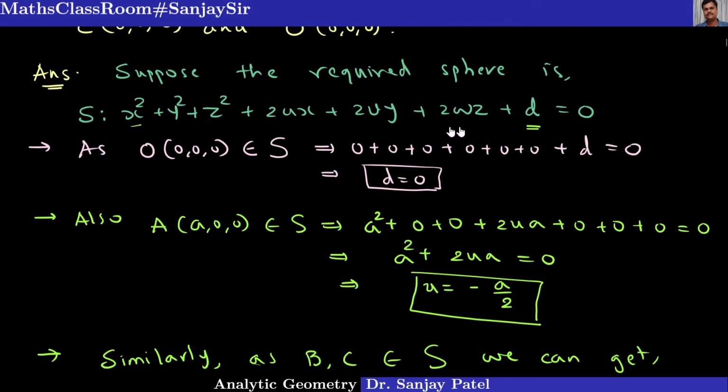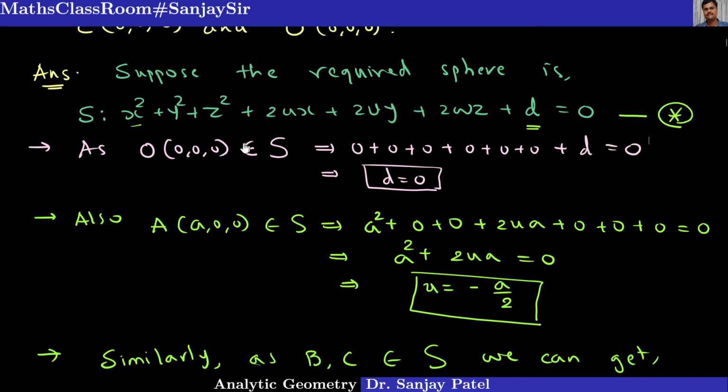So in this equation, now we are substituting the values of u, v, w and also d. d is equal to 0, u is equal to minus a by 2, so this 2 gets cancelled. So let me call this equation star.